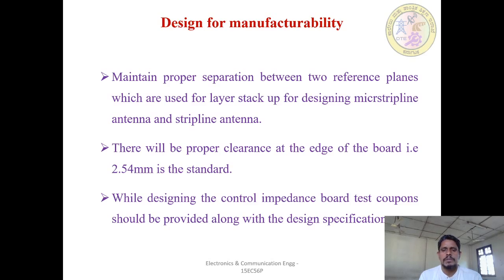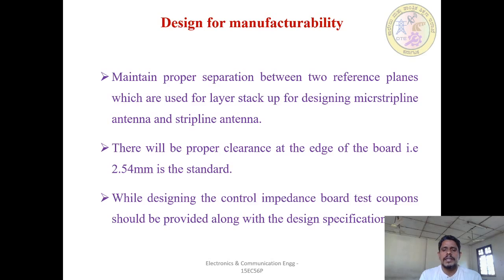So separation is one of the important criteria while designing the PCB. You should not choose the separation at your own wish, but depending on the material available in the market, you have to give the separation. Based on that, you have to decide the track width and other things.